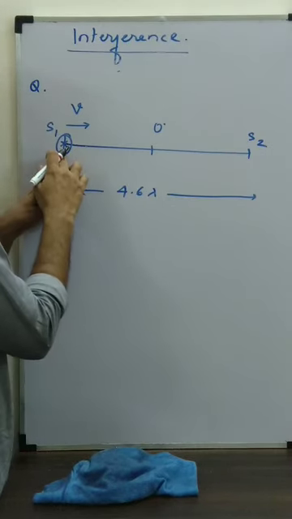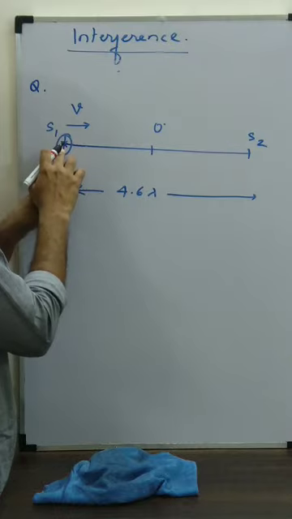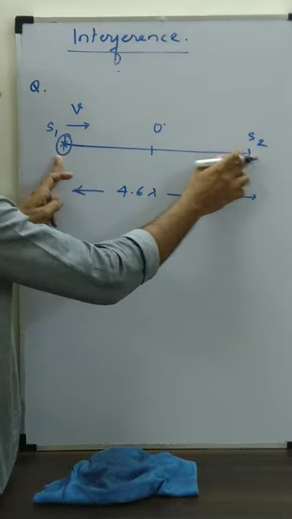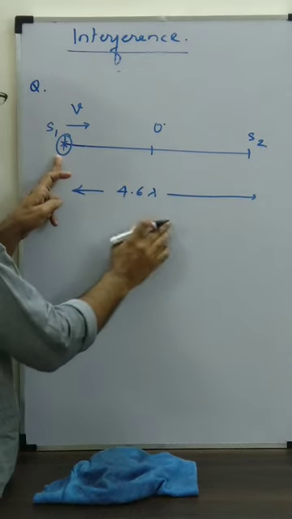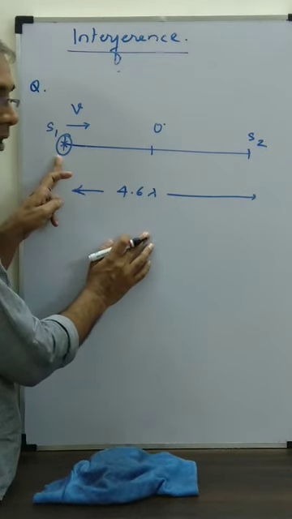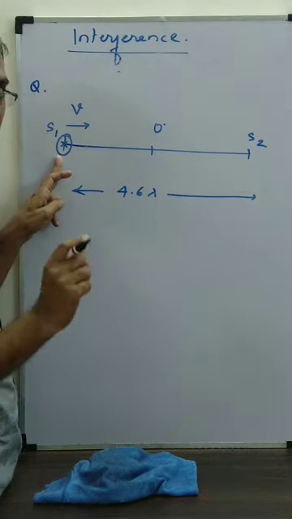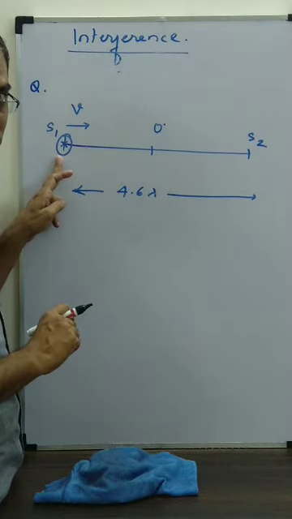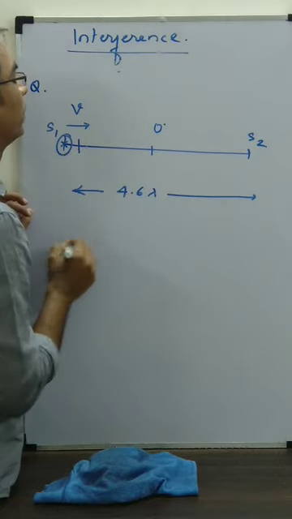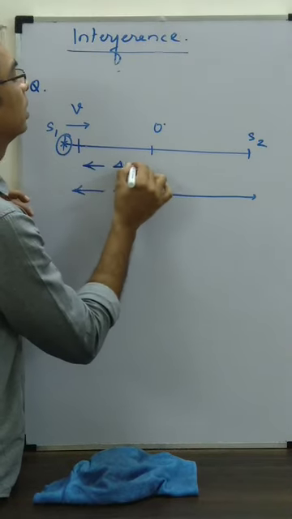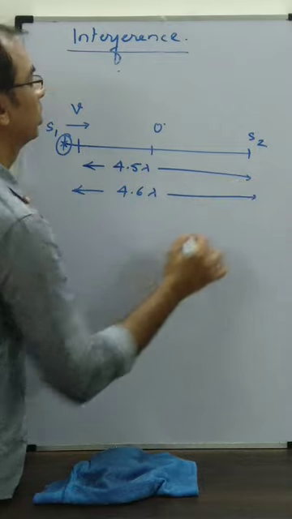If suppose at this point you are there, you know that S1's wave will travel 0 distance, whereas S2 will travel 4.6 lambda. At 4.5 lambda we are going to get the first maximum. We know it. When the path difference is 4.5 lambda, we are going to get the first maximum.